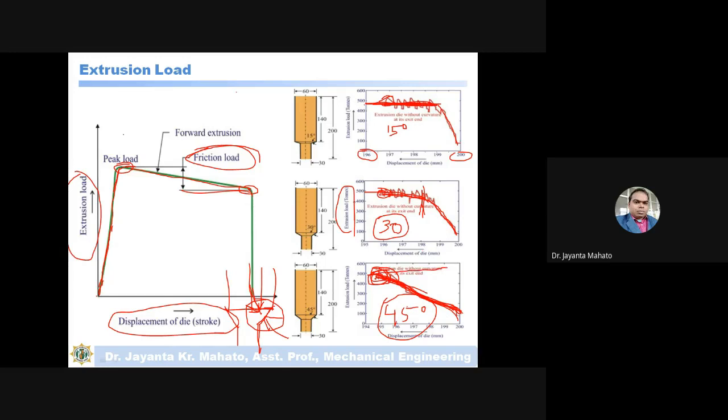This difference from peak load to the other, this difference is the frictional load. So you can calculate the frictional load.